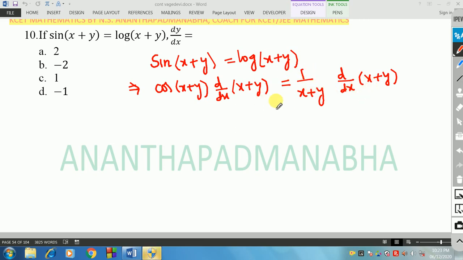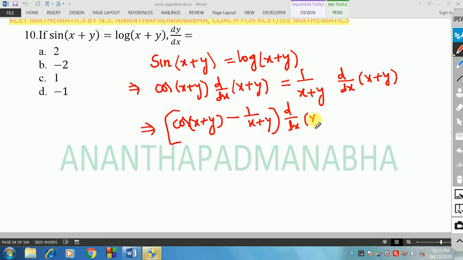Now we will take this 1 by x plus y into d by dx of x plus y to the left hand side. Therefore we get cos of x plus y minus 1 by x plus y into d by dx of x plus y is equal to 0.